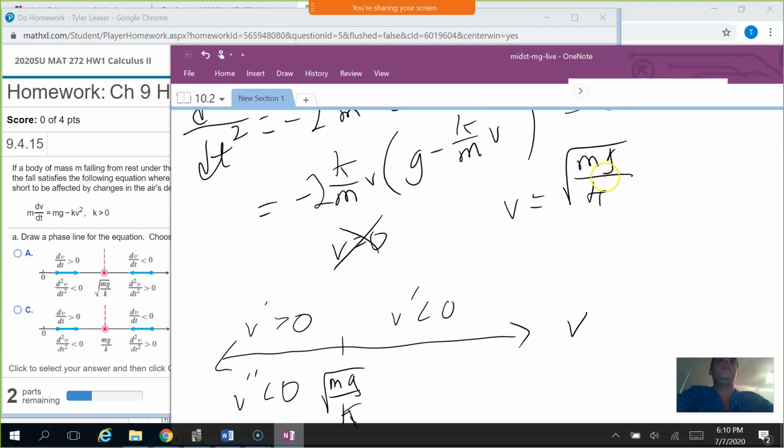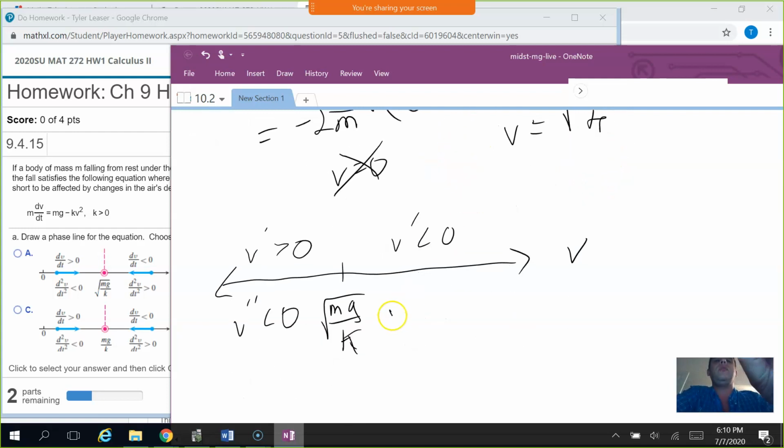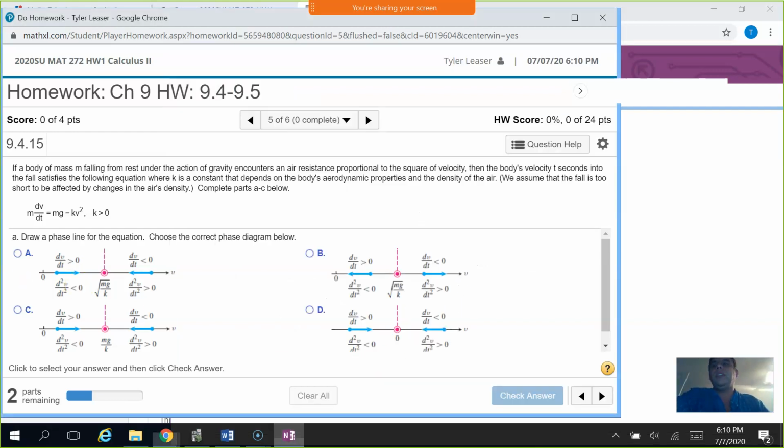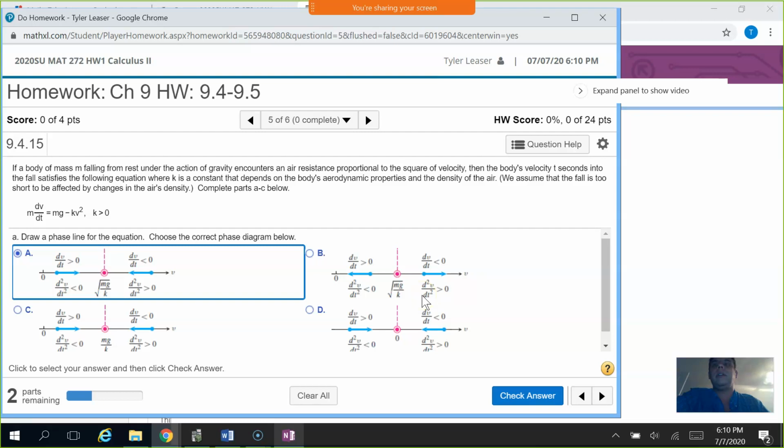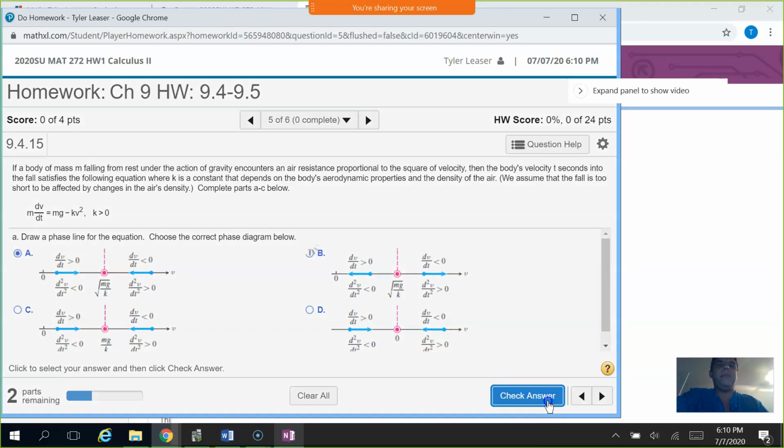If I plug something a little bit bigger, I get something negative here and negative there, which means here the second derivative ends up being positive. All right, I'm pretty sure that's right. Just to double check, which one is that? This one, I think. I think it's A. I like A. Yeah, let's go with A.